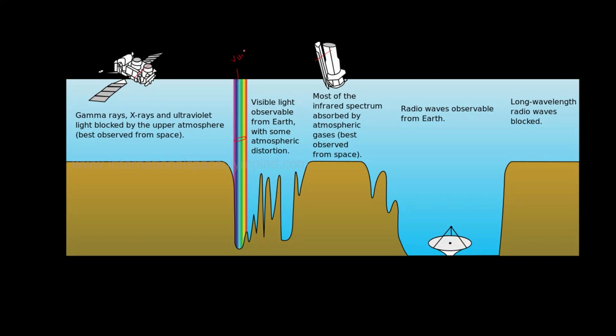To the left and to the right of the visible light we have different types of light. Ultraviolet, X-rays, and gamma rays are to the left of the visible light, and to the right we have infrared, microwave, then radio waves.